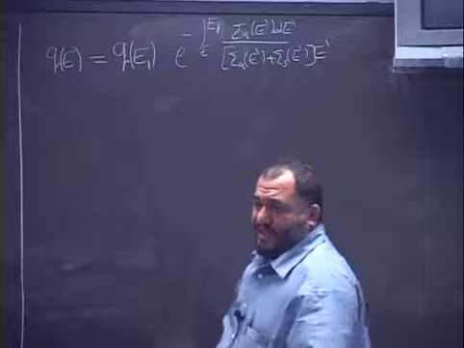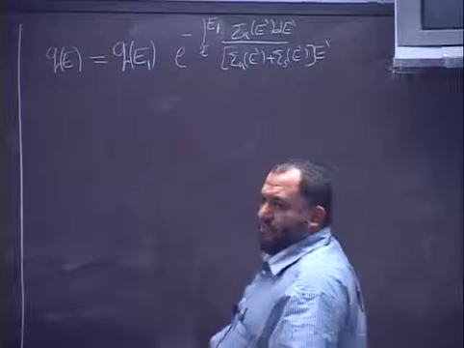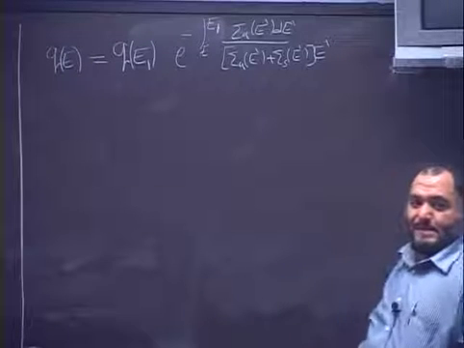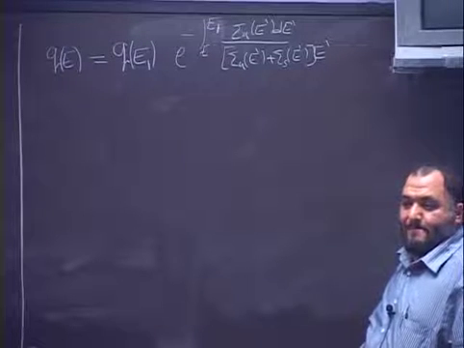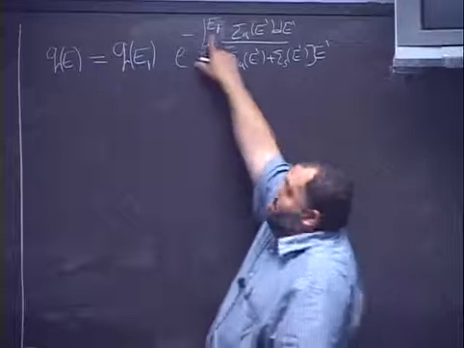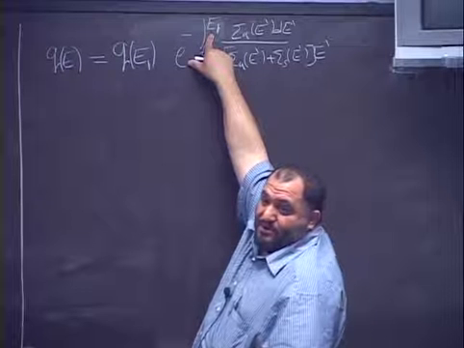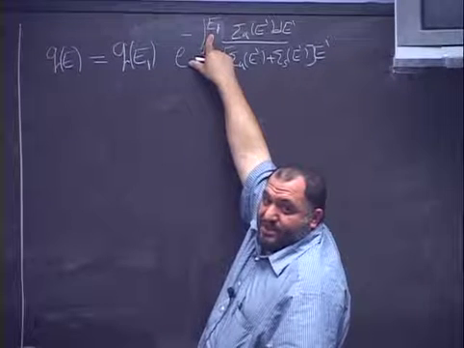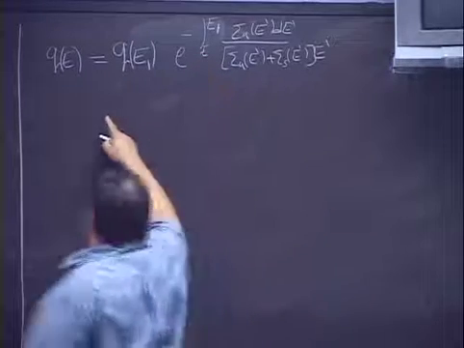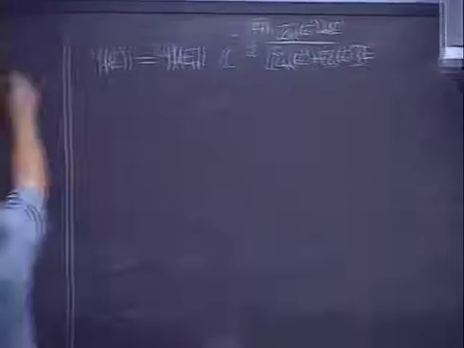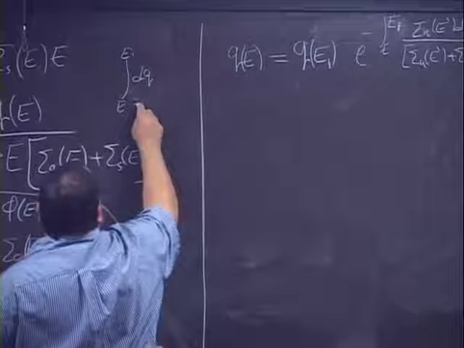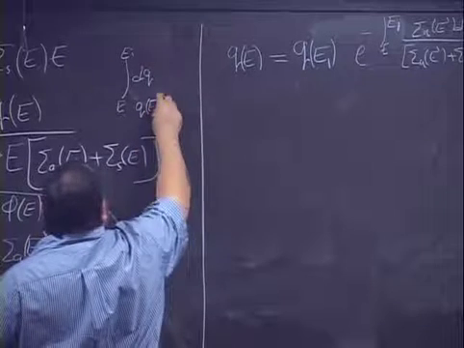Okay guys, does it make any sense for you? Where does the negative sign come from? I flipped it because the upper limit is a constant, E1, and the lower limit is E. So if you integrate dQ from E to E1, this will give you Q at E1.